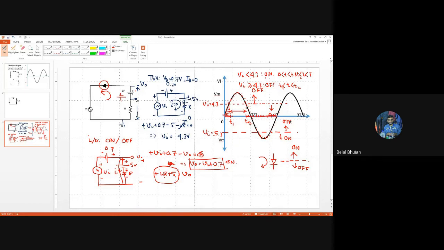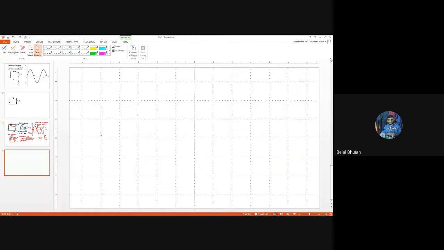So next I'm going to determine the input-output relationship when the diode is off. So for that, for the off relationship, we replace the diode with an open circuit.